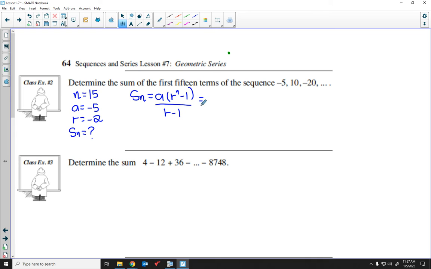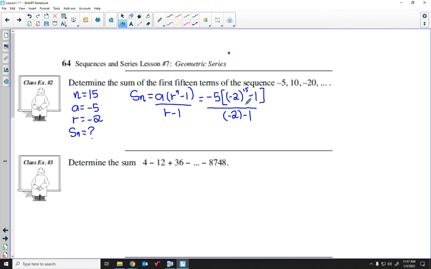So let's sub the numbers in. This would be equal to a, which is -5, and then r, which is -2, to the power of n, which is 15, minus 1. And then divide this by -2 minus 1.